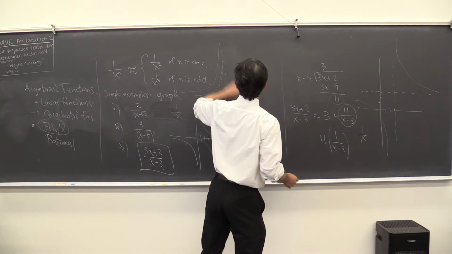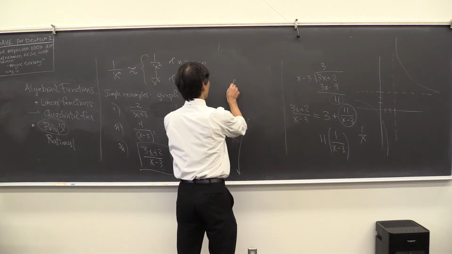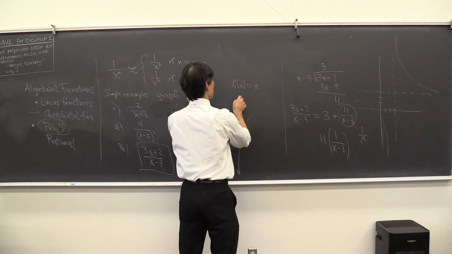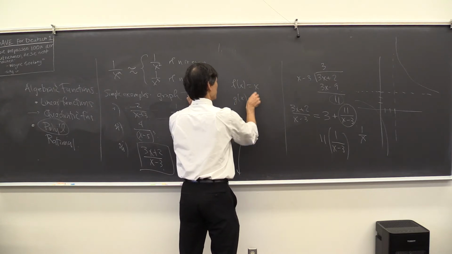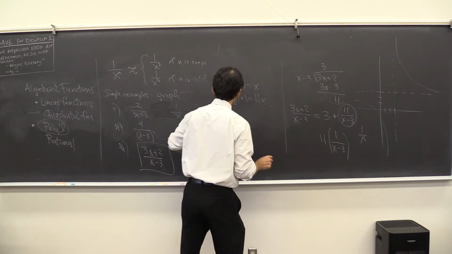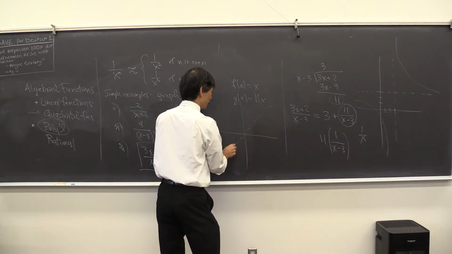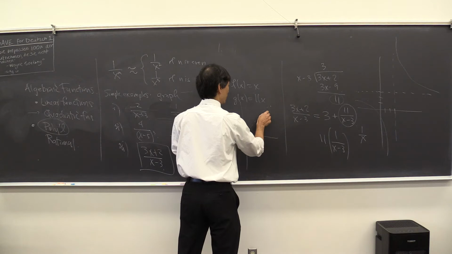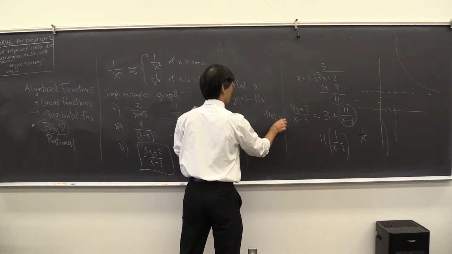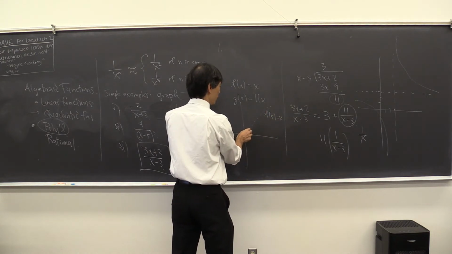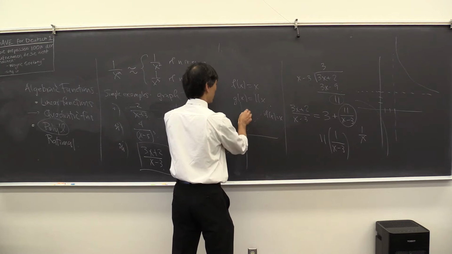Like if I have f of x equals x, and I have another function, g of x is 11x, then what happens is you take your original function, f of x equals x, and then all the y values get multiplied by 11.